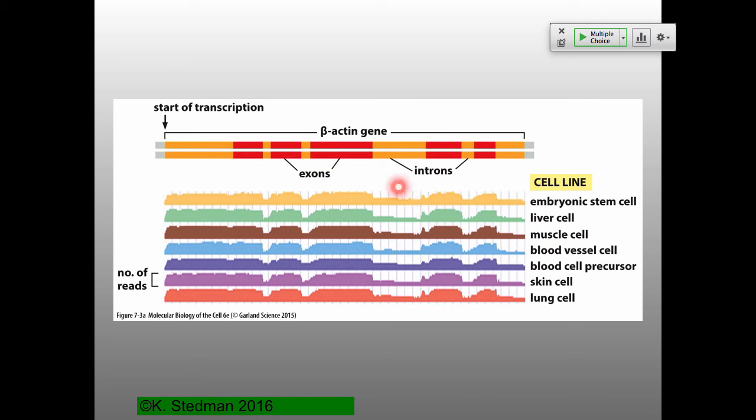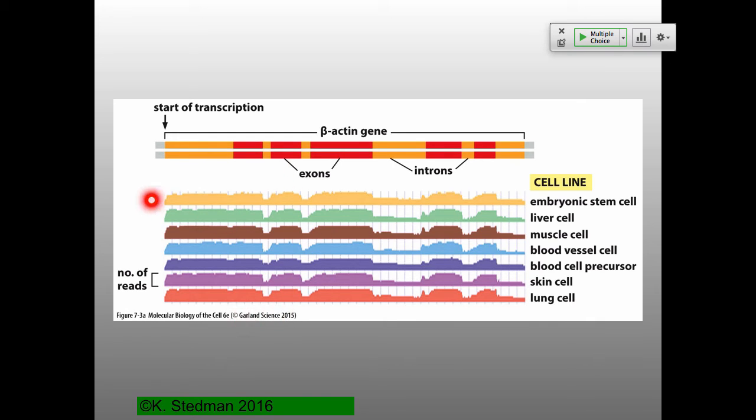A couple of things to see here, though. Even though you're pulling out all the RNA, which introns should have been degraded, there's still quite a lot of that intron RNA which is around. But the main thing to look at here is that all of these different cells, embryonic stem cells, liver cells, muscle cells, etc., are all expressing this particular RNA and presumably this protein as well.